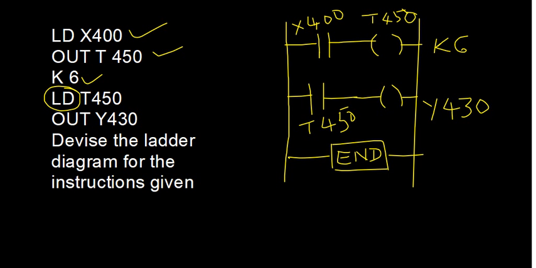And we will see one more similar example to what we have seen just now, wherein we will have another set of instructions. Please note down. LD, again you begin with LD X 400. The first instruction is LD X 400.